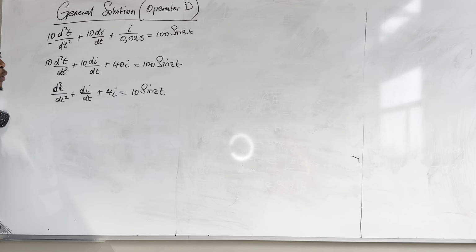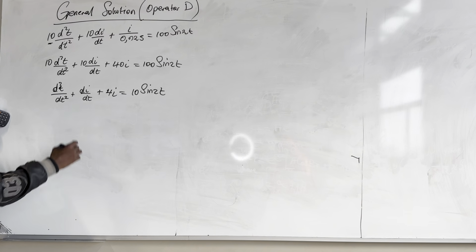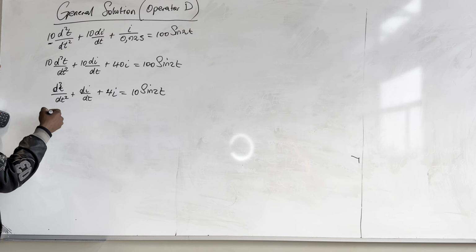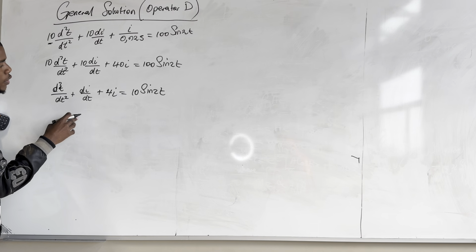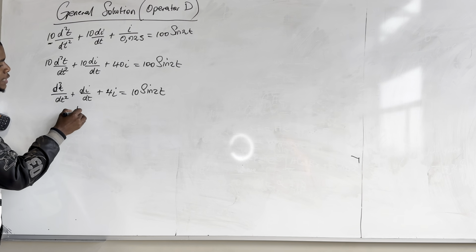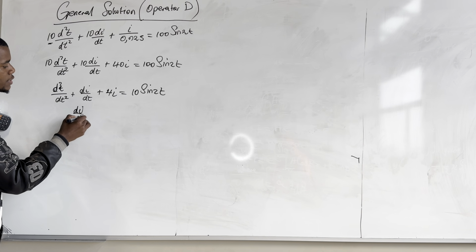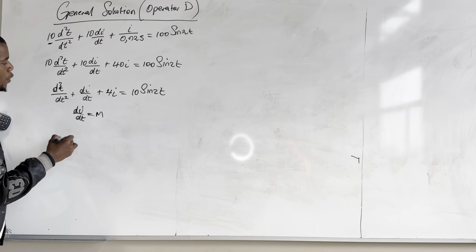And then what do we do? We look for the auxiliary equation, whereby we are looking for the complementary function. So instead of d i over dt, we say it will equal m.